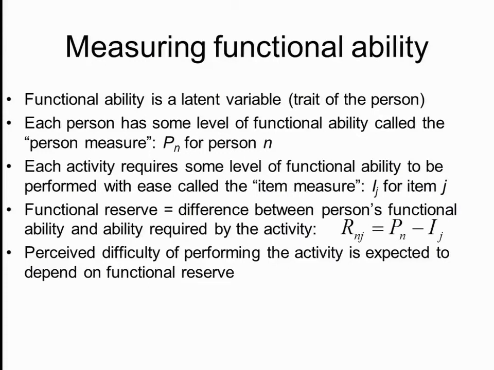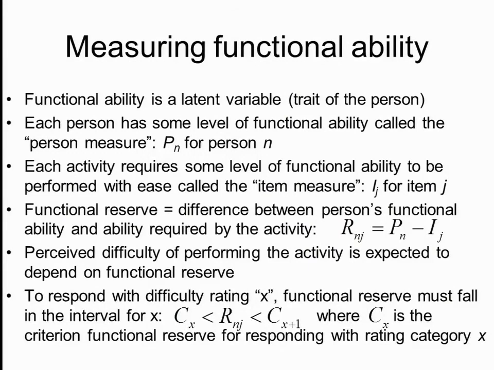On the other hand, if the amount of ability they have is less than what is required, there's a high probability they're going to tell you they can't do it. Considering those extremes, everything in between, as the amount of functional reserve changes, you would expect that the estimate of how much difficulty it's going to take will vary with functional reserve.